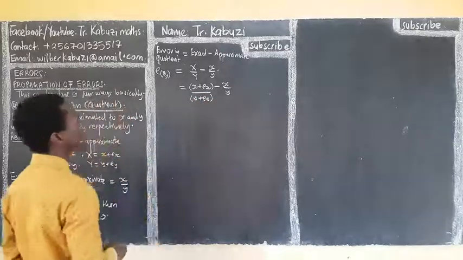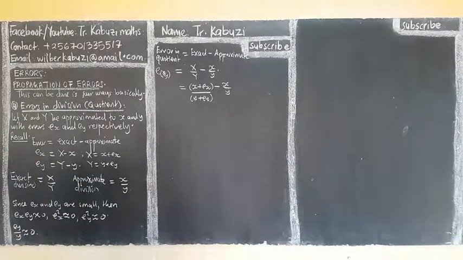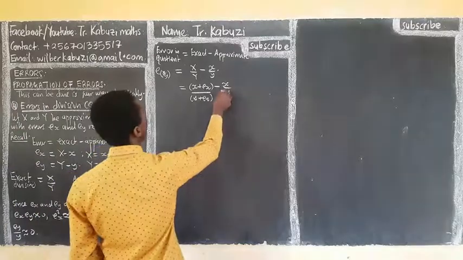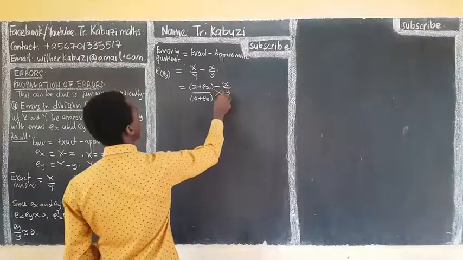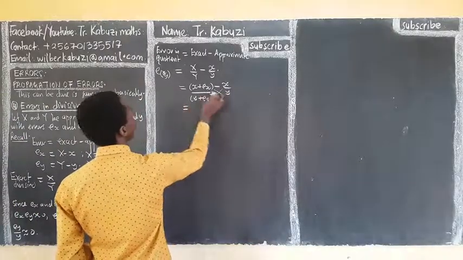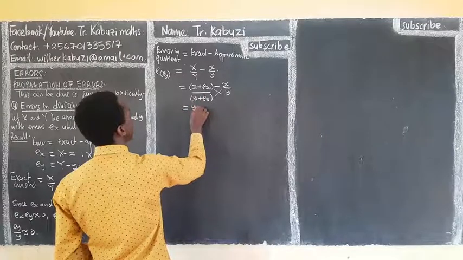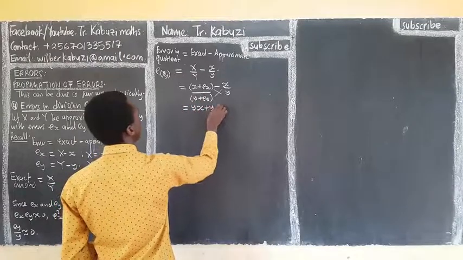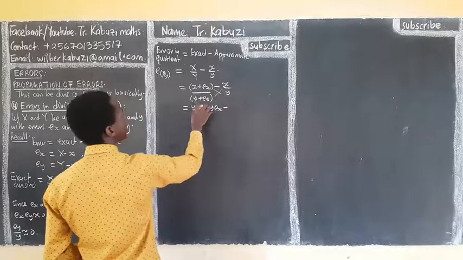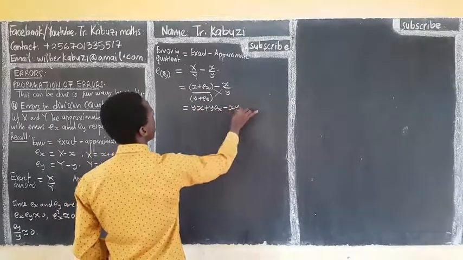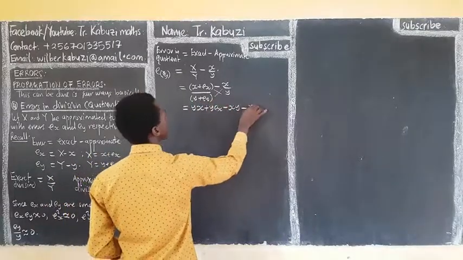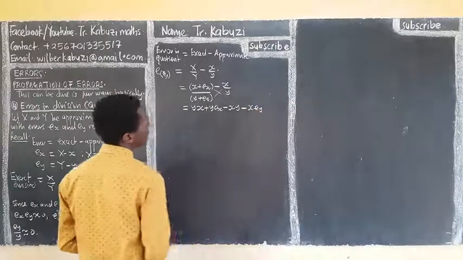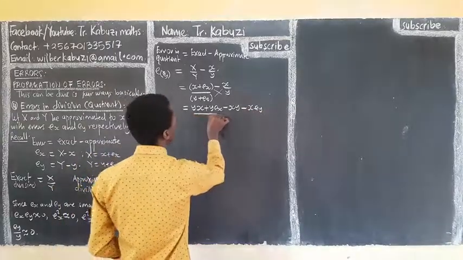Now from there, what is going to happen is cross multiplying. So if I cross multiply, we will be having yx plus yex, then this times this, then minus xey, the whole thing over.